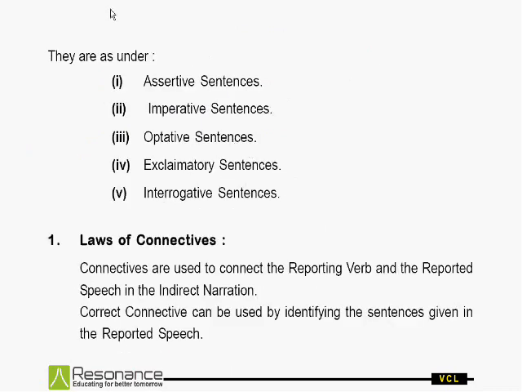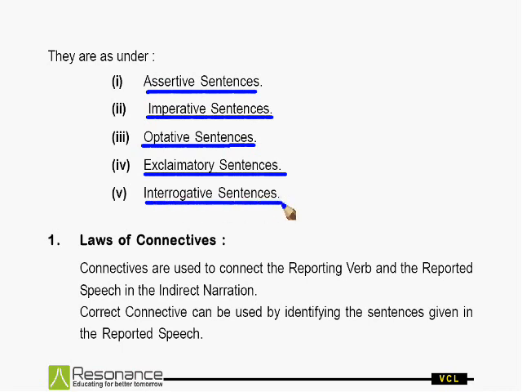They are as under. Now see, assertive sentences. Second is the imperative sentences. Third one is the optative sentence. Then we have exclamatory sentence, and then we have the interrogative sentences.